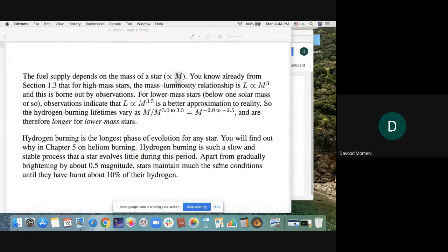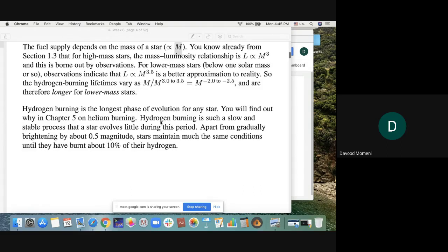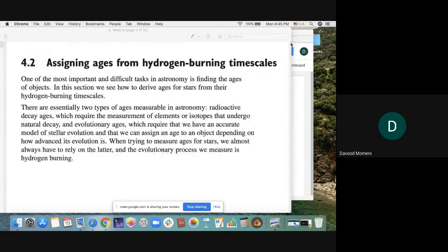So you can say that the hydrogen burning happens at that time, and it scales like what you see here. All right. So why do we need the hydrogen burning lifetime?